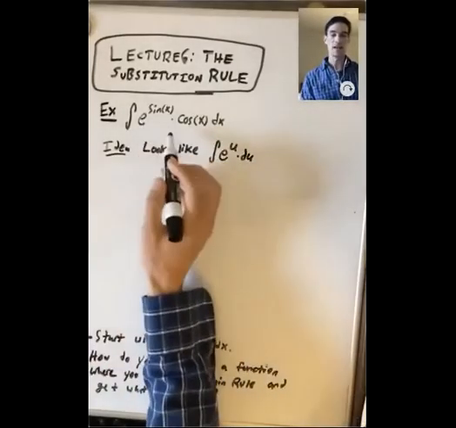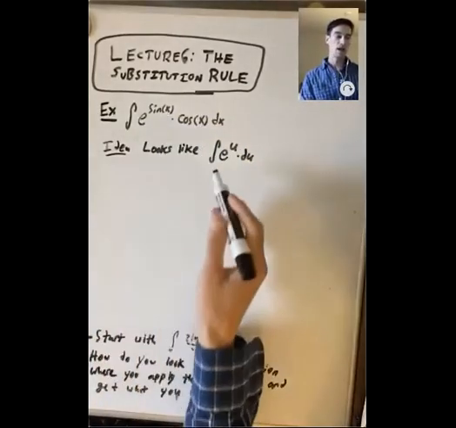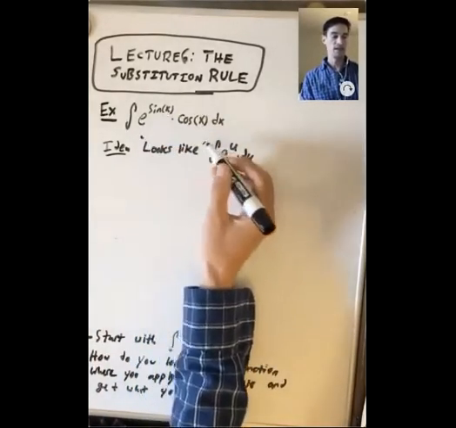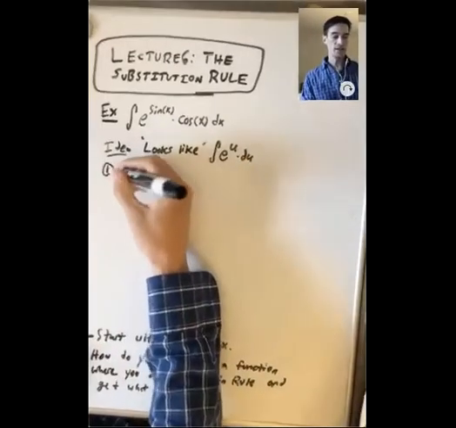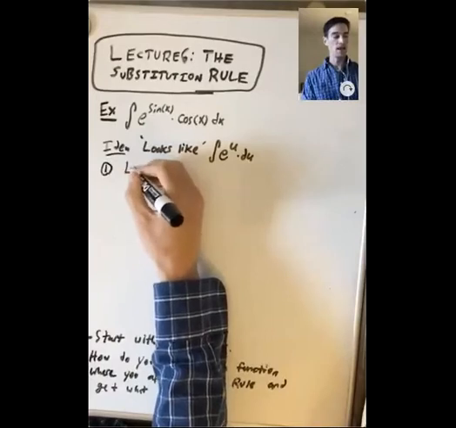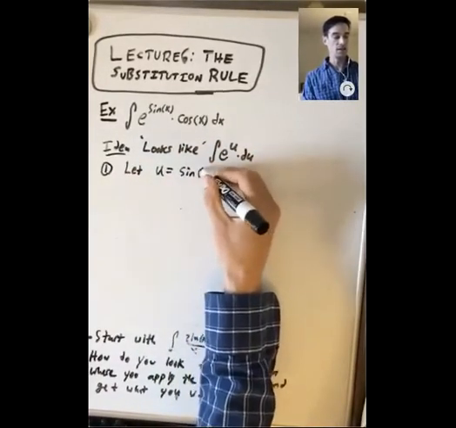It's not quite that. There's a sine x in the exponent and this cosine x here, but it kind of looks like e to the something. So what we can do is a substitution where we let u equal sine of x.